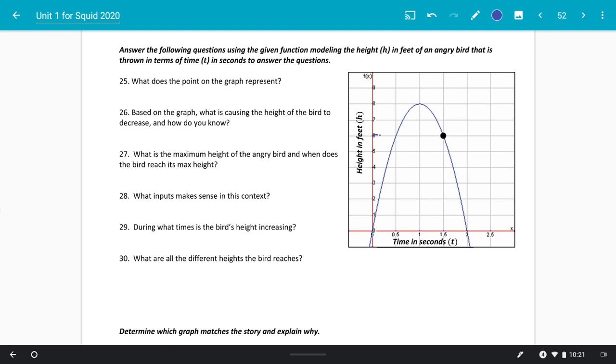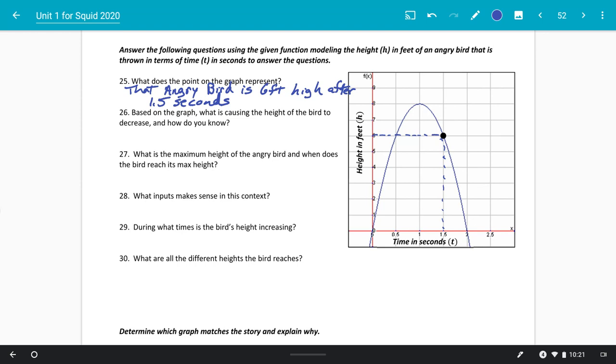Well, that means that angry bird is 6 feet high after 1.5 seconds.